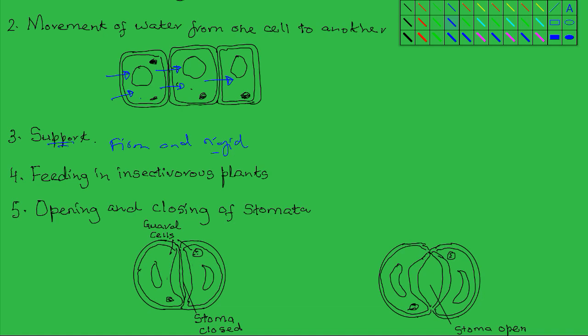The fourth role is in certain types of plants. These are the insectivorous plants. These plants grow in soils that are deficient in nutrients, especially nitrogen. So these plants must obtain the nutrients from another source apart from the soil, and they do so by trapping insects on their leaves, digesting them and absorbing the nutrients. This trapping comes about through sudden loss of water from the cells in the leaves by osmosis, leading to the closure.